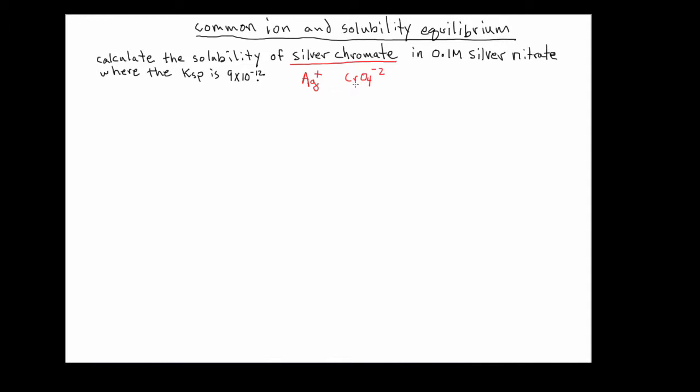Since the chromate is minus 2, we need 2 silver ions to balance that charge. So the formula here is Ag2CrO4.